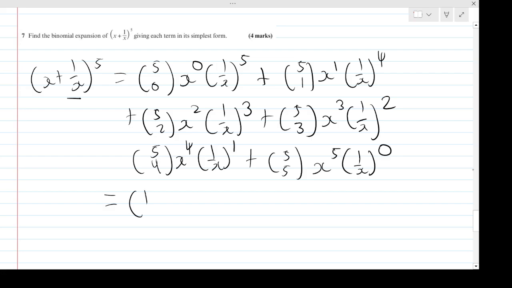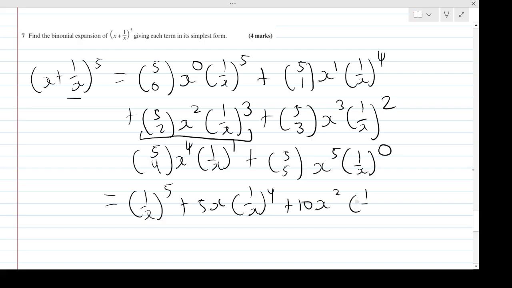So we just have 1 over x to the 5 for that term here. Then for this part here, 5 choose 1 gives me 5. So it's going to be 5x times 1 over x to the 4. We'll simplify that in a second. Then the next term, well, 5 choose 2 gets me 10. So there will be 10x squared, lots of 1 over x cubed.